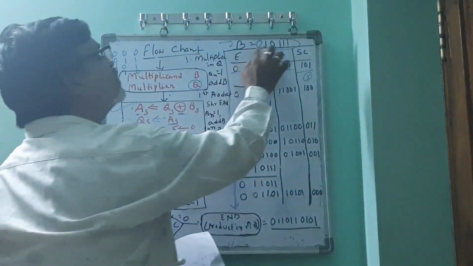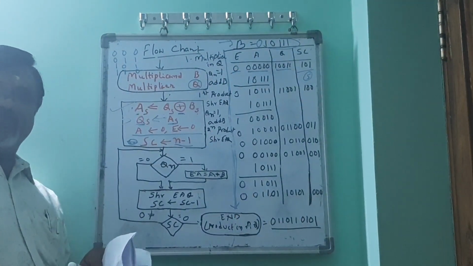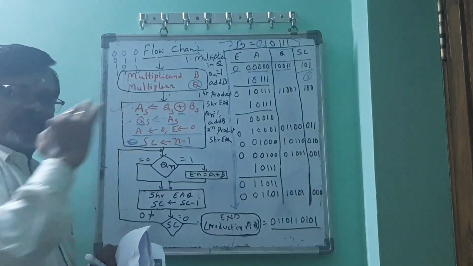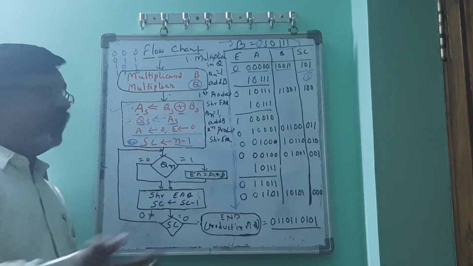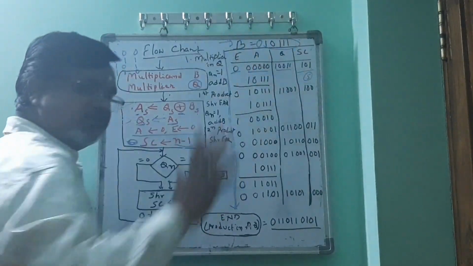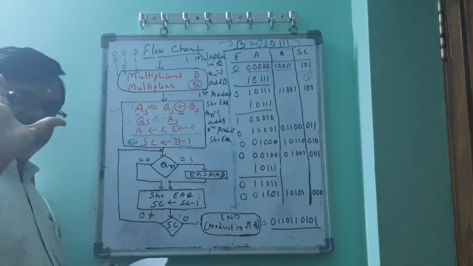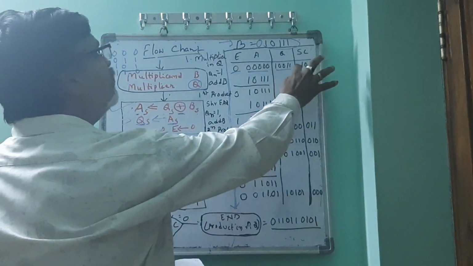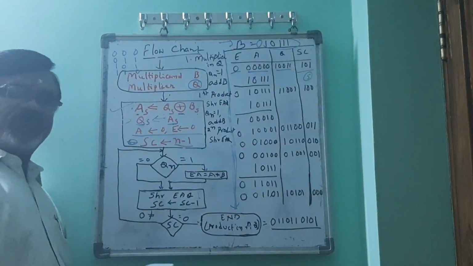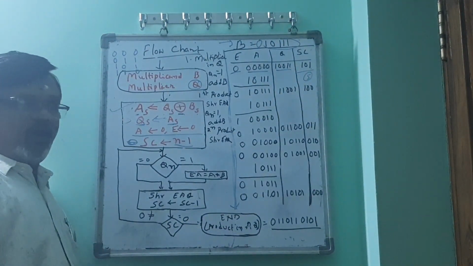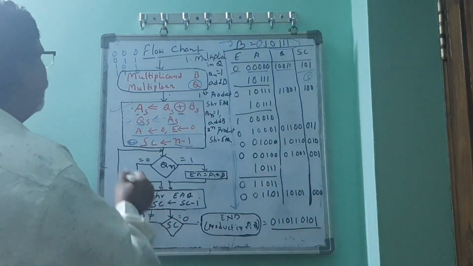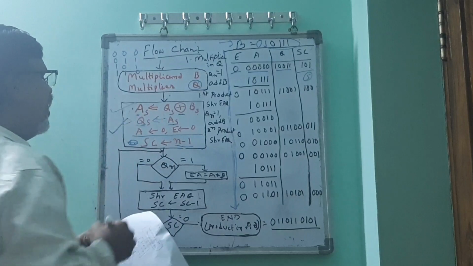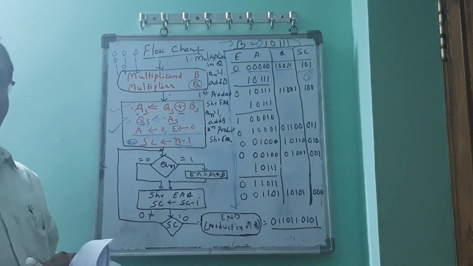So the total number of bits is 6 along with the sign: 5 bits for magnitude, 1 bit for sign. So n is 6 and n-1 will be 5. So the 5 is stored in the sequence counter, where 101 stands for 5, as you know. So this is the initialization of all the variables.